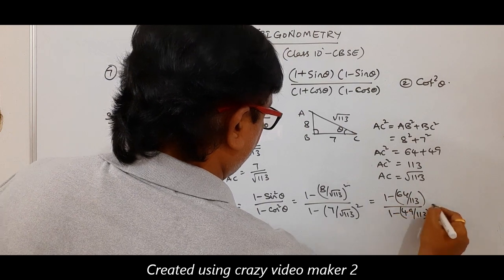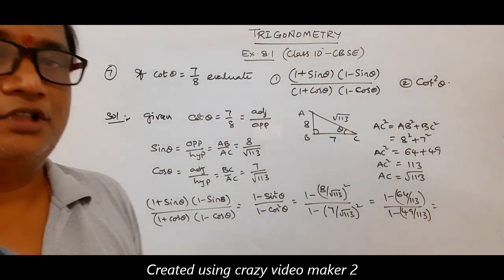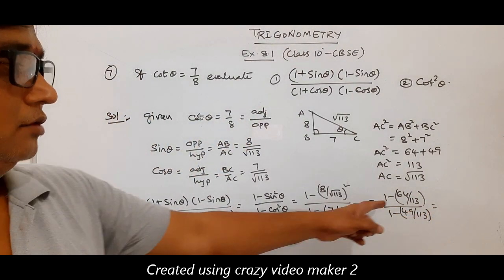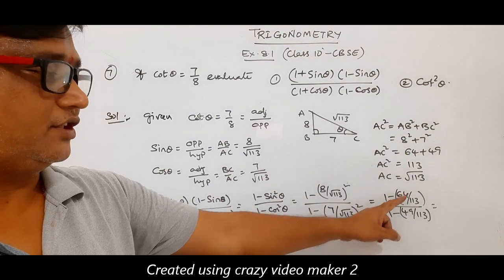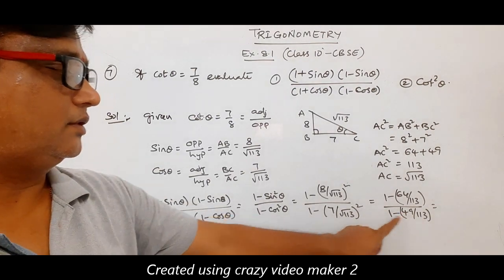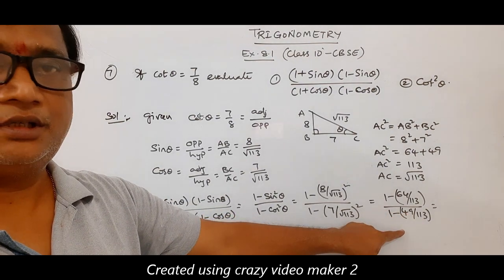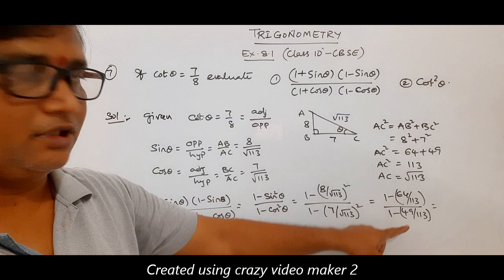So there are two fractions. Now 113 minus 64 by 113, same as 113 minus 49 by 113. So the denominators will be cancelled.